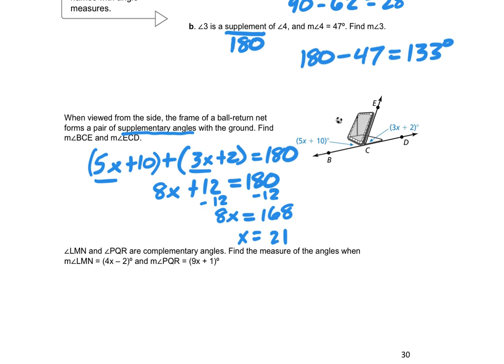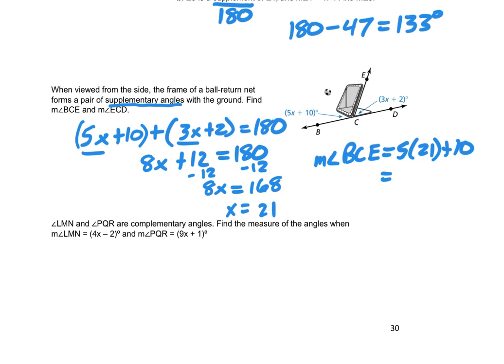So now what do I got to do with 21? Got to plug it in, okay? So in order to do BCE, measure of angle BCE, we're going to do 5 times 21 plus 10. What's that give me? 5 times 21 plus 10.